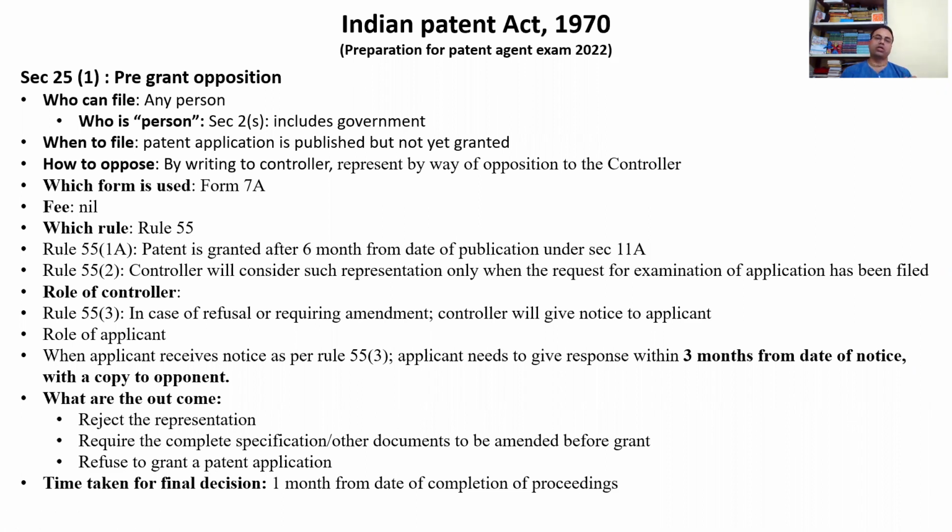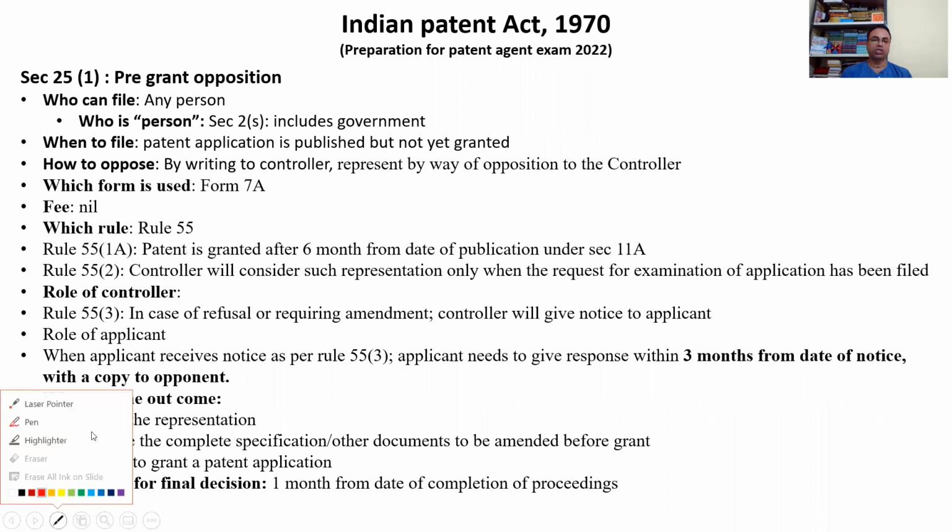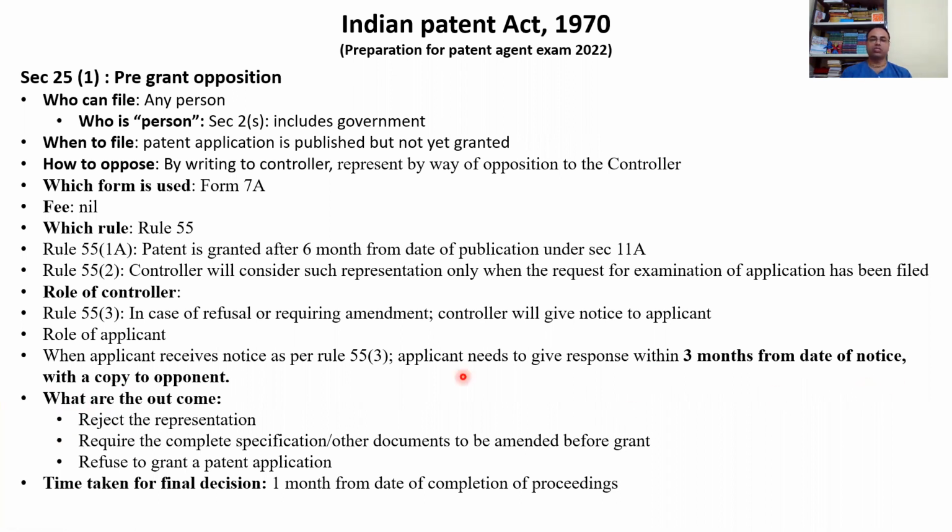Then the controller will give notice to the applicant that the application has been opposed by way of pre-grant opposition. Within 3 months from the date of notice, with a copy to the opponent, the applicant will respond.